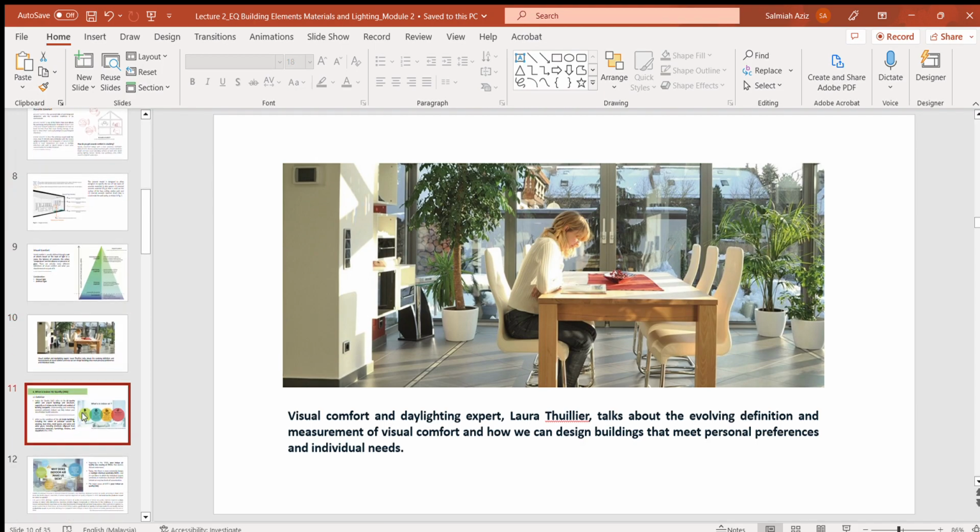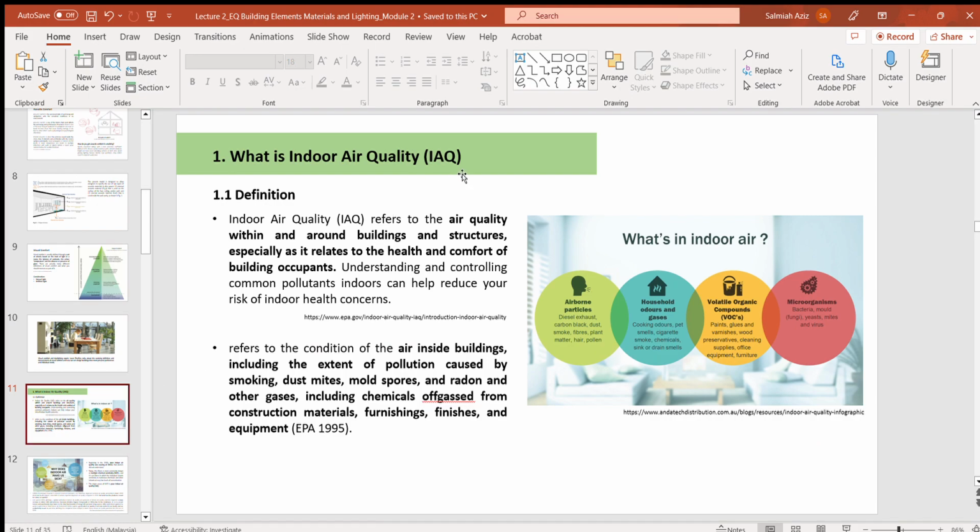Okay, what is indoor air quality? Indoor air quality, IAQ, refers to the air quality within and around buildings and structures, especially as it relates to the health and comfort of building occupants. Understanding and controlling common pollutants indoors can help reduce your risk of indoor health concerns.